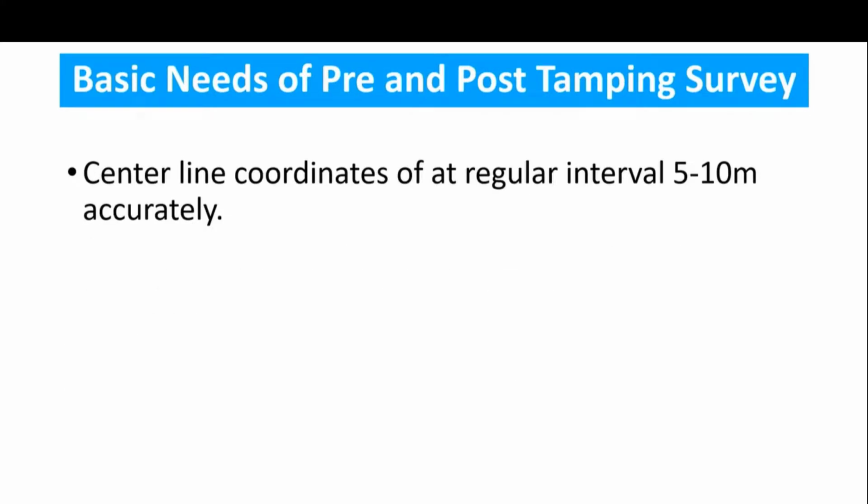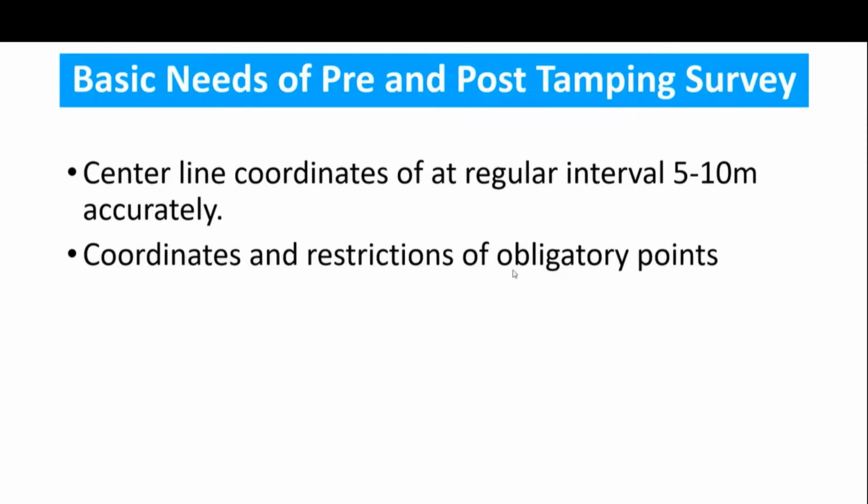Now we will see what are the requirements of survey for the pre and post tamping. We require center line coordinates at every 5 to 10 meter accurately in terms of northing, easting. Then we require coordinates and restrictions of the obligatory points.